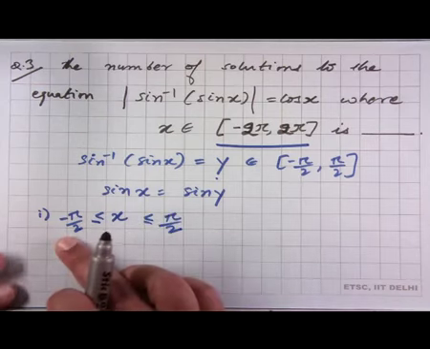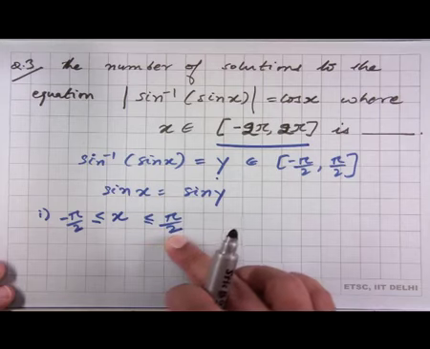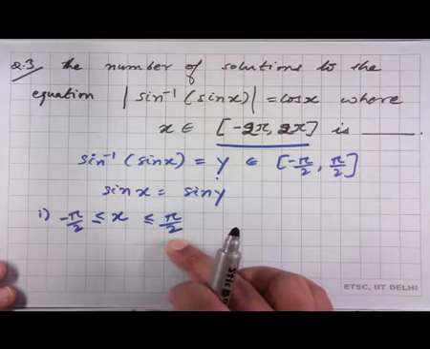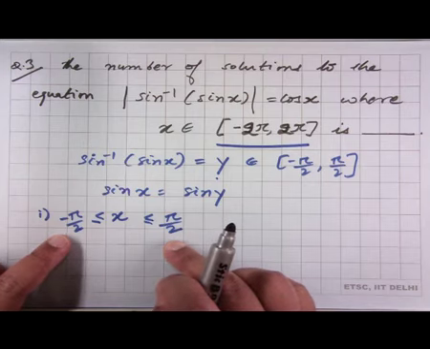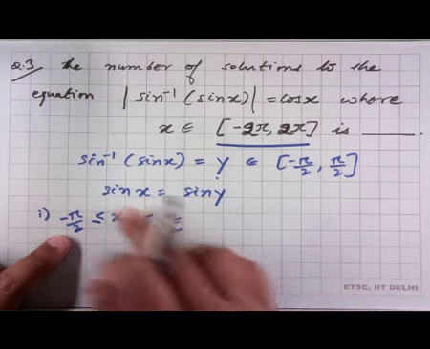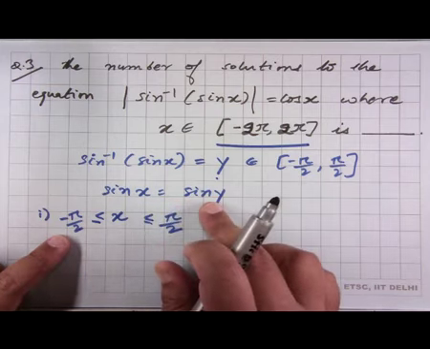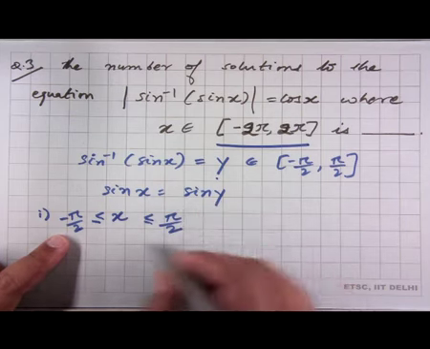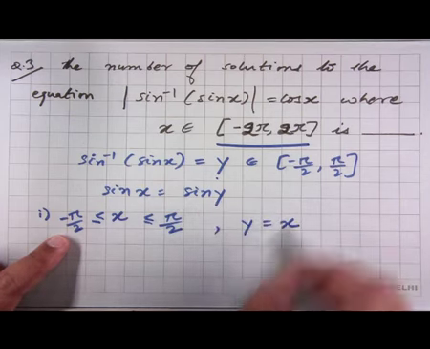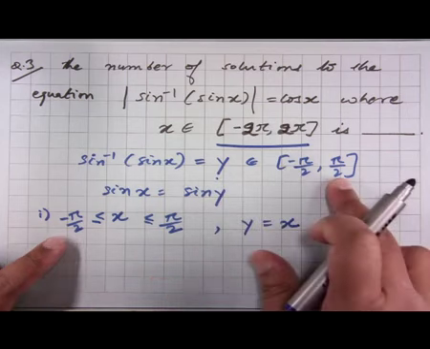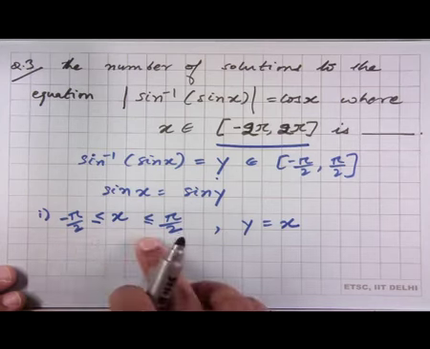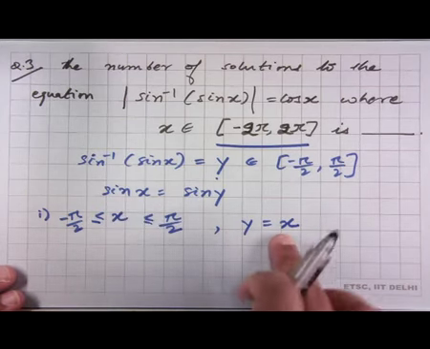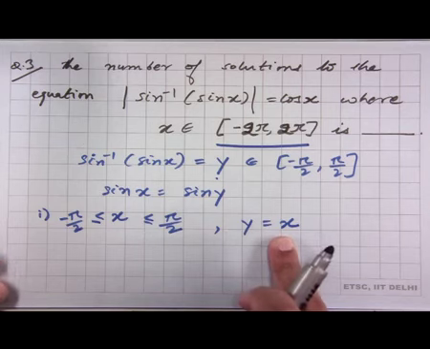When x is in this interval, we know that sine of x is a monotonic function, and therefore, if sine x is equal to sine y, then it must be true that y is equal to x, because remember that y already belongs to minus pi by 2 to plus pi by 2. So, if x is in this interval, then sine inverse of sine x is equal to x, and this we have already seen several times in previous lectures.